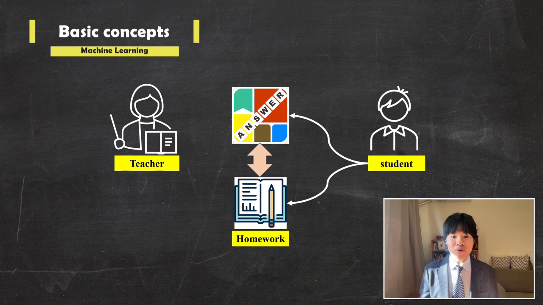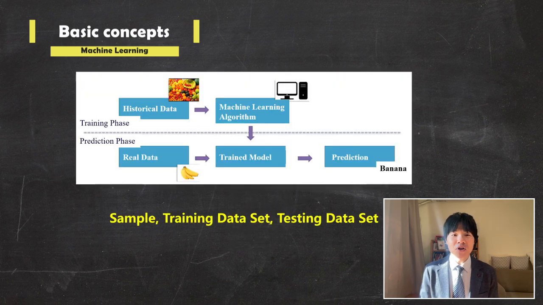Alright, let's go back and take a look at the process of machine learning. It can be divided into two stages, the training stage and the prediction stage. During the training stage, the model uses the historical data accumulated in the past, which could be text, database, image, or audio.